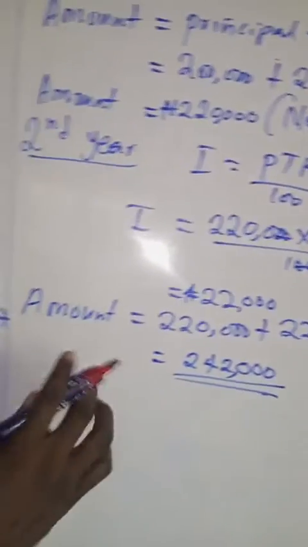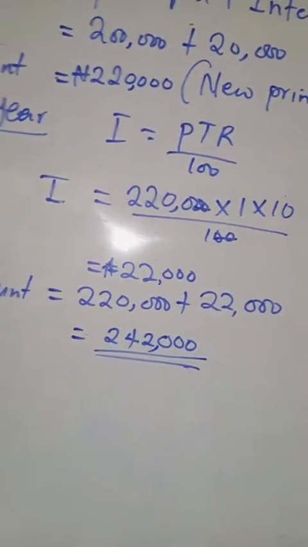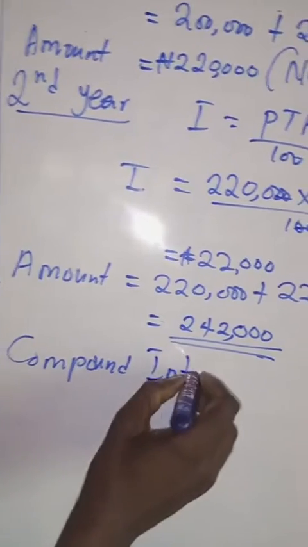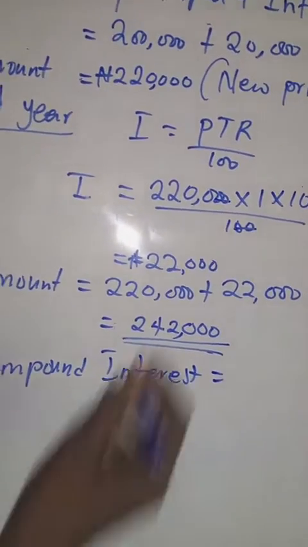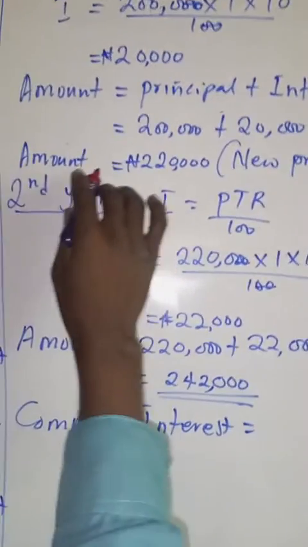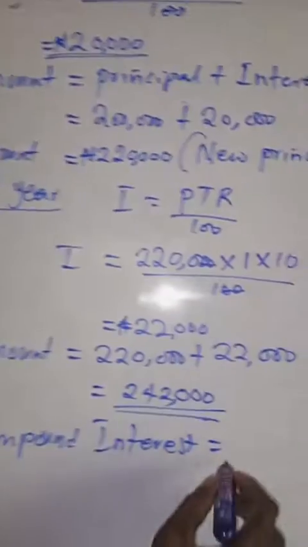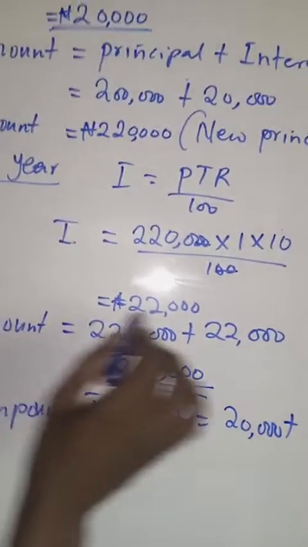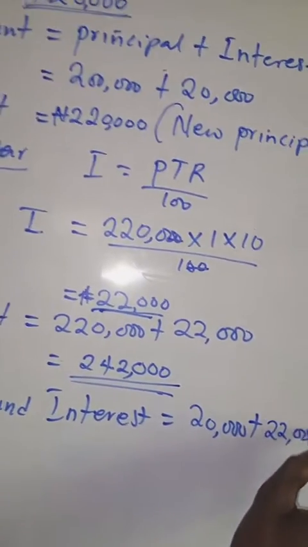So this is the amount that I have in the bank. But my compound interest will now be equal to the interest of the first year. What is the interest of the first year? I have this interest of the 20,000 plus the interest of the second year, which is 22,000.